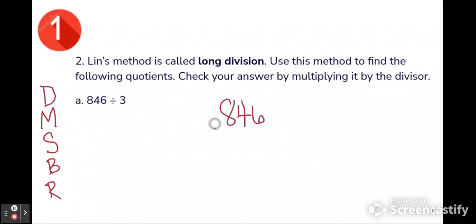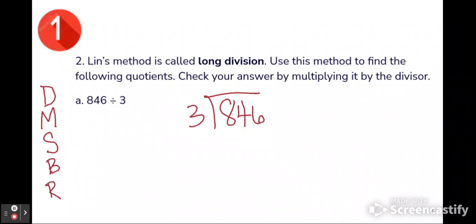846 divided by 3. Notice the first number, this 846, is what goes inside my division bracket because that is what is being divided. The 3 that comes after it goes on the outside of my division bracket because that's what I'm dividing by.